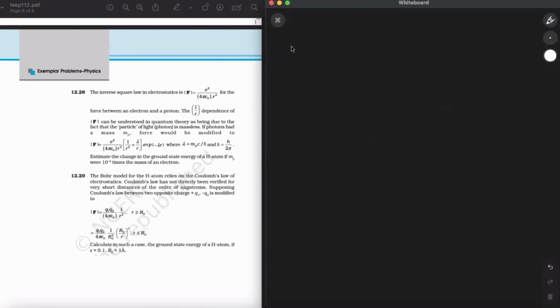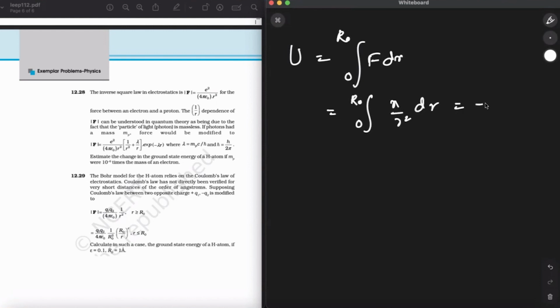Now the potential energy U will be the integral from infinity to r naught of F times dr. Integrating X upon r square dr gives minus X upon r naught, the potential energy from r naught to r.